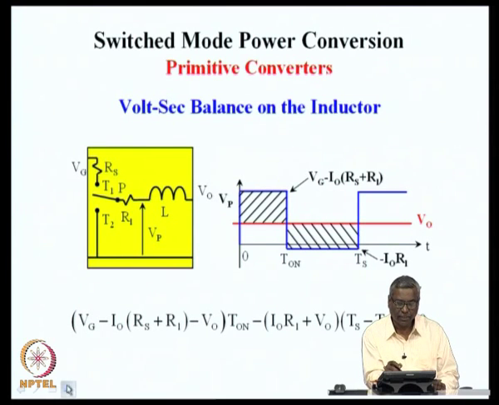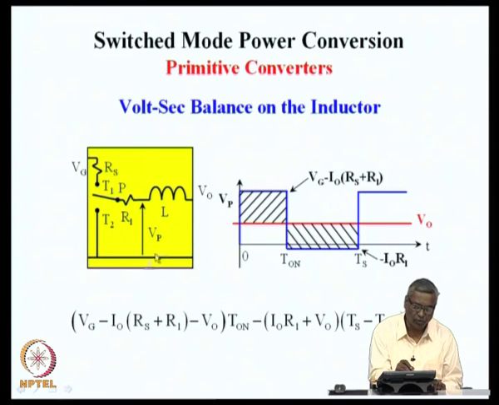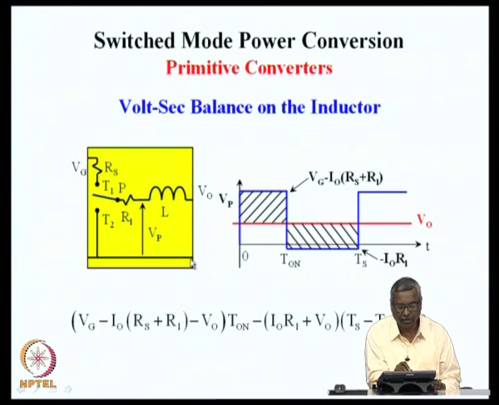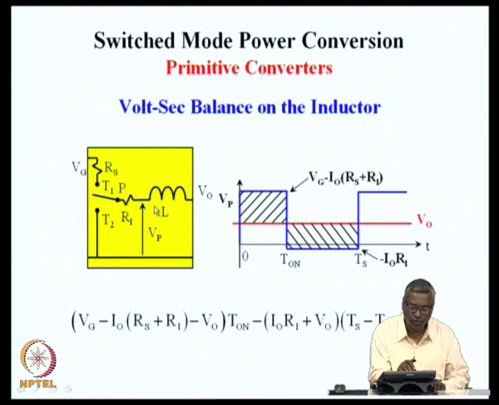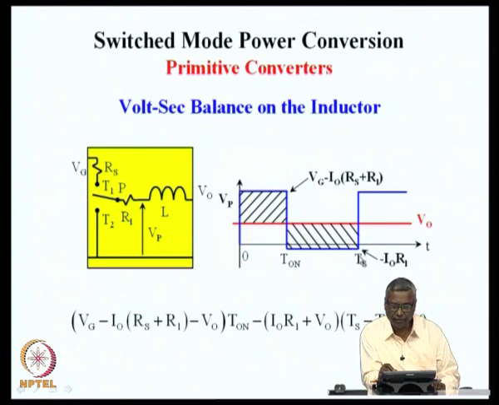Current transfer ratio will continue to be as before, but let us look at the voltage transfer ratio. Now, the voltage across the inductor is the pole voltage minus the output voltage V naught. V naught is shown here by the red line, but the pole voltage now consists of source voltage minus the inductor current multiplied by Rs plus RL, I naught into Rs plus RL, and while freewheeling the drop is minus I naught RL.